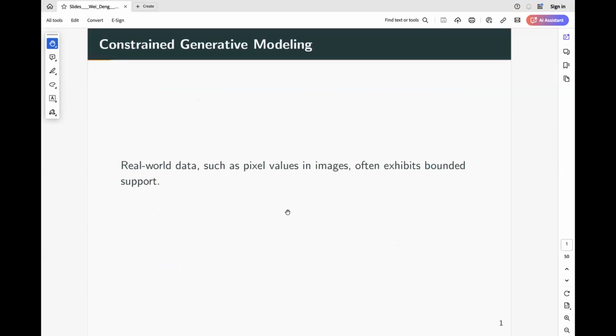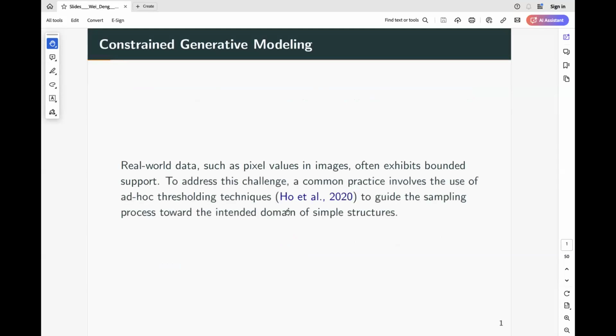The background is that we want to do generative modeling in constrained settings. Real-world data, such as pixel values in images, often exhibit bounded support. A common practice is to use ad hoc thresholding techniques to push the sampling process toward the intended domain of simple structures. This is fairly popular, however it's still not implemented in a principled framework.